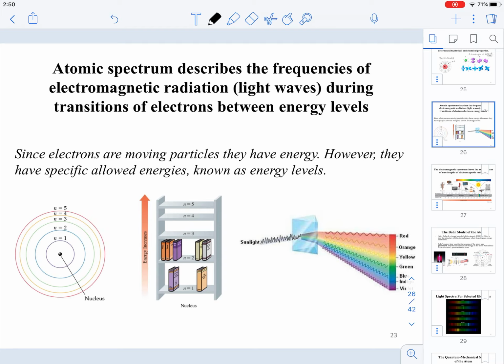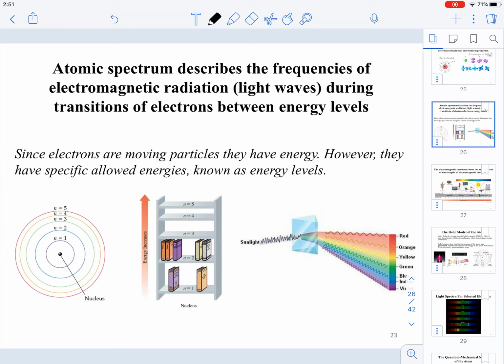An atomic spectrum describes the frequencies of electromagnetic radiation, in other words, light waves, during transitions of electrons between energy levels. Each one of the electrons that are part of an atom is going to be transitioning, and that gives rise to the production of light.